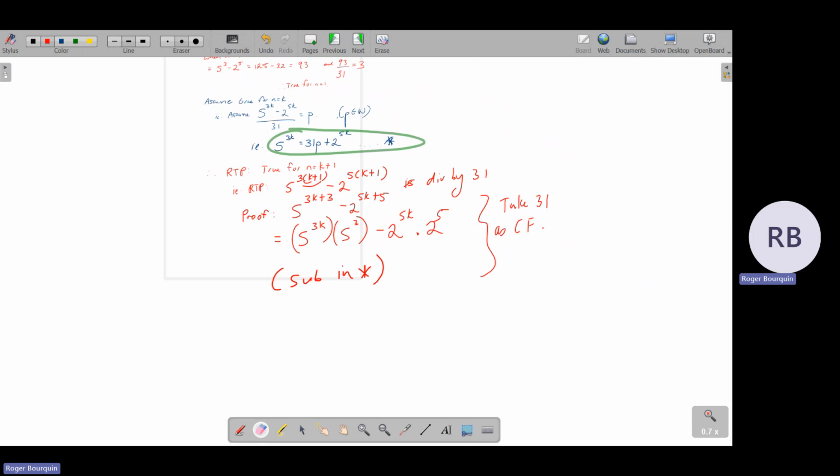So we get, well, 5 to the 3 is 125, right? So you call 5 to the 3k is 31p plus 2 to the 5k, times 125, minus 2 to the 5k times the 5 is 32, eh?